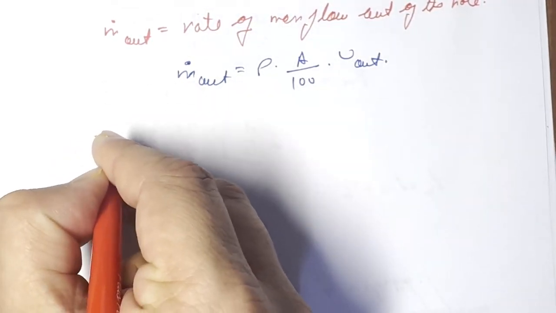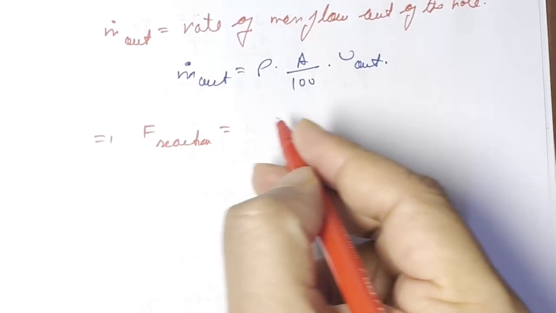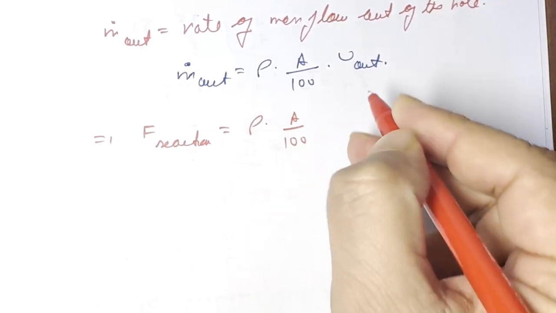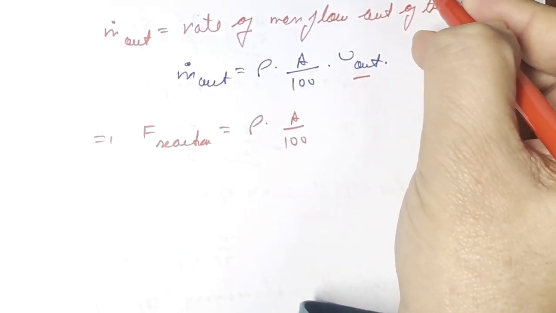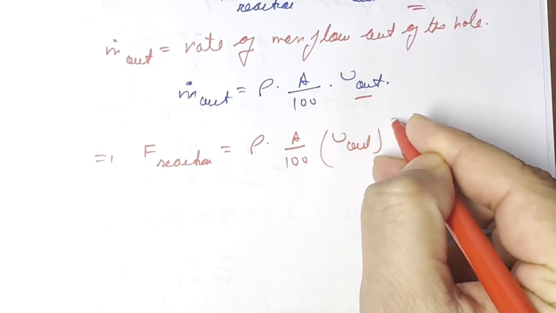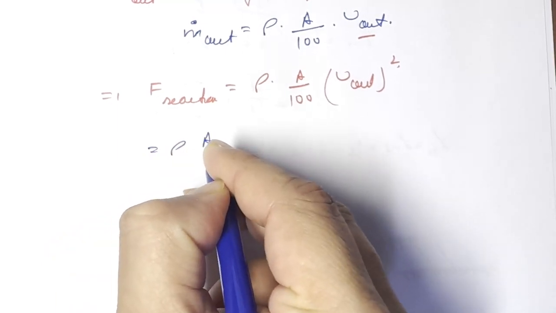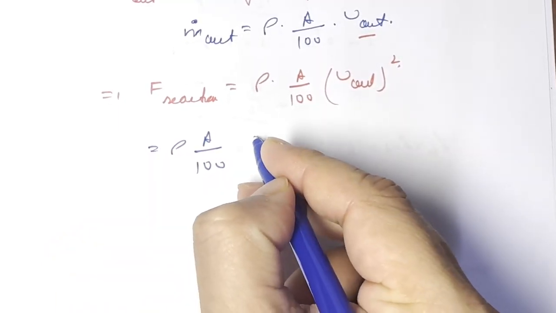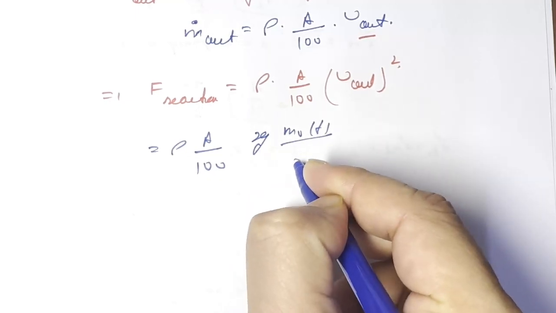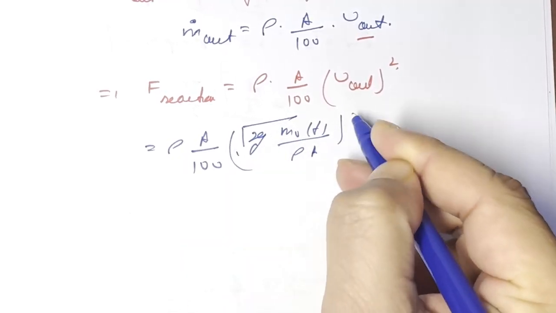Let's find out first of all F reaction. It will be equal to, we have this rho A multiplied by V out and V out, so this becomes V out square. Now we can substitute the value, so this gives us rho A multiplied by 2g m naught t divided by rho A, square root and whole square.